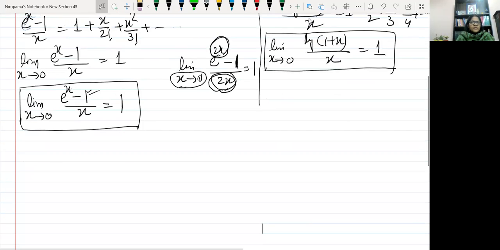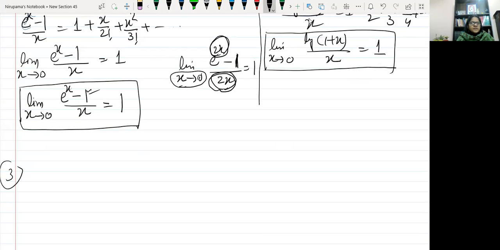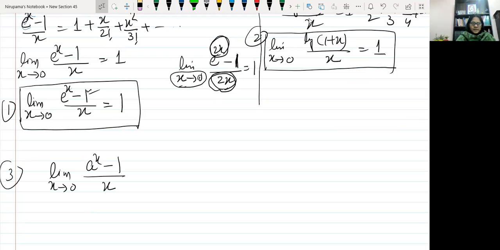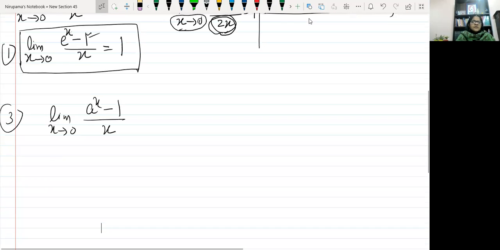Okay. Now this is our first one, this is the second one, the third one is the limit as x approaches 0 of (a^x - 1)/x. Okay, so let's evaluate the limit of this function. To get that, substitute, let a^x - 1 = y.